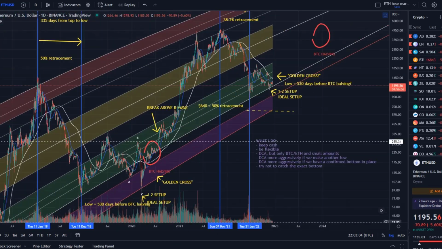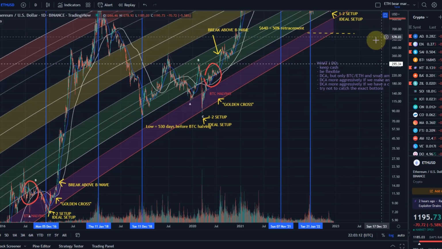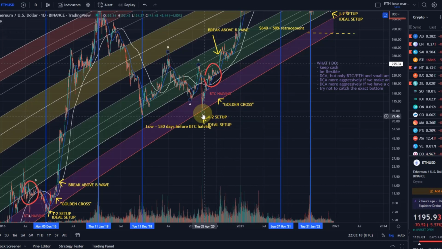Now we haven't done that yet. Just because it happened twice before doesn't mean it needs to happen again. But what I can tell you is that in every bear market so far, or in the last one at least, we dropped to the 50% Fibonacci retracement. That was the 50% Fib level on the log scale.